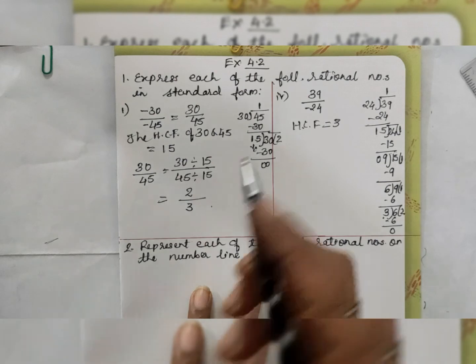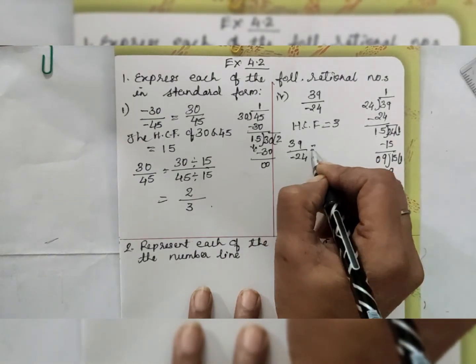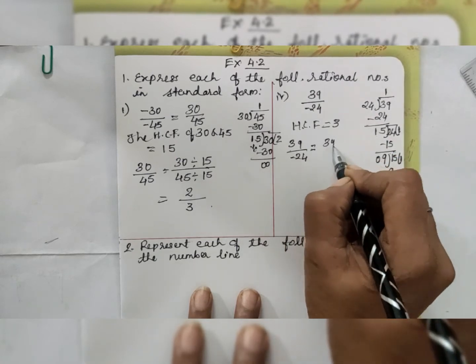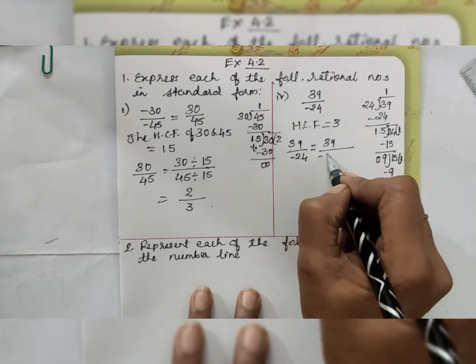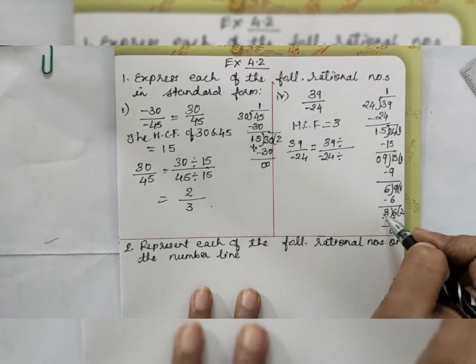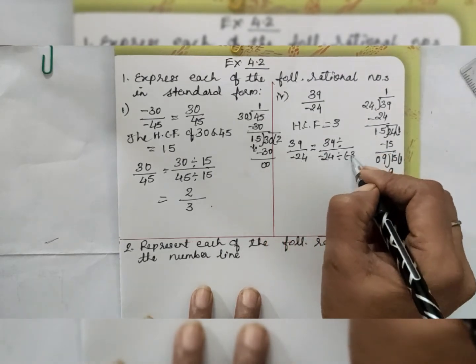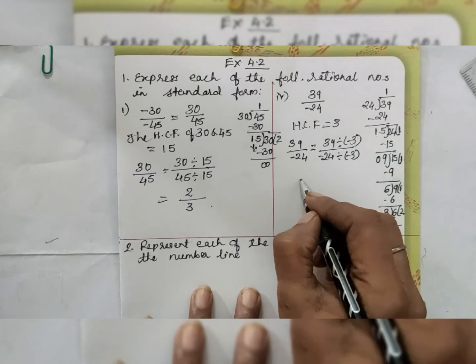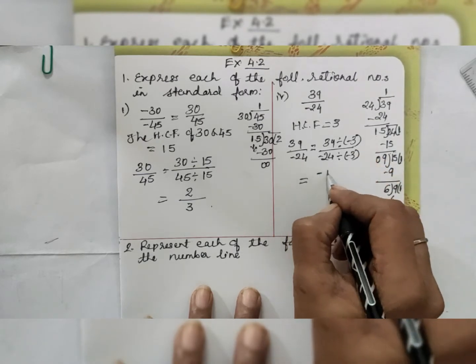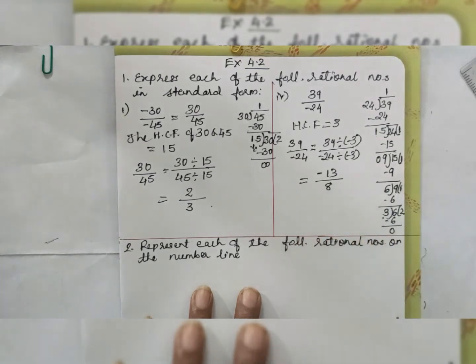So first we write 39 by minus 24, and you have to divide both by 3, the HCF, but you have to make the denominator positive. So we write minus 3 and minus 3. Now you will get 13 in the numerator and 8 in the denominator. So this is how to reduce the given rational number to the standard form.